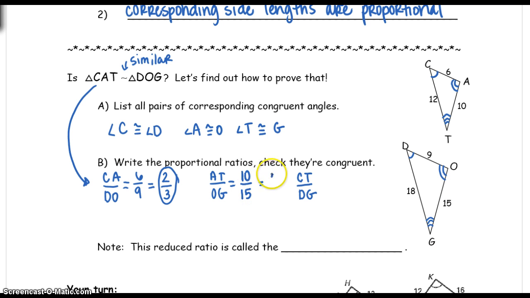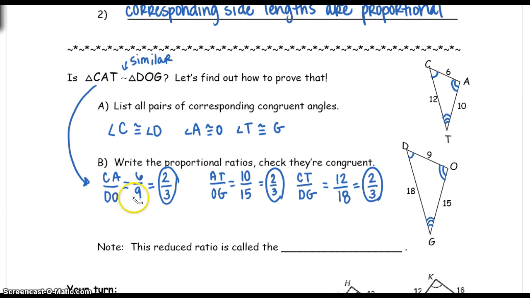And when I reduce this one, I get 2/3 also. All right, now let's go to the last one. We have CT. So 12 is CT, and then DG, which is 18. So 12 over 18. And when I reduce this, because they both have a factor of 6 in them, we have 2/3.